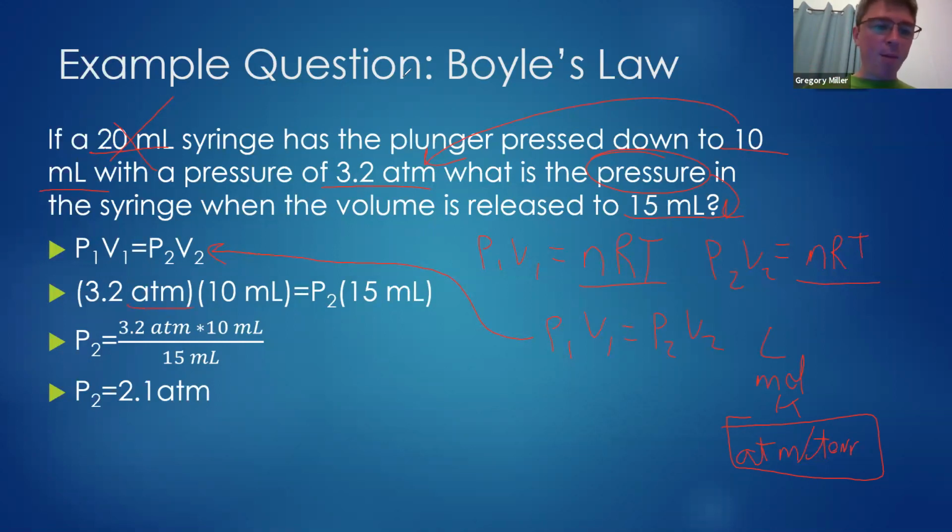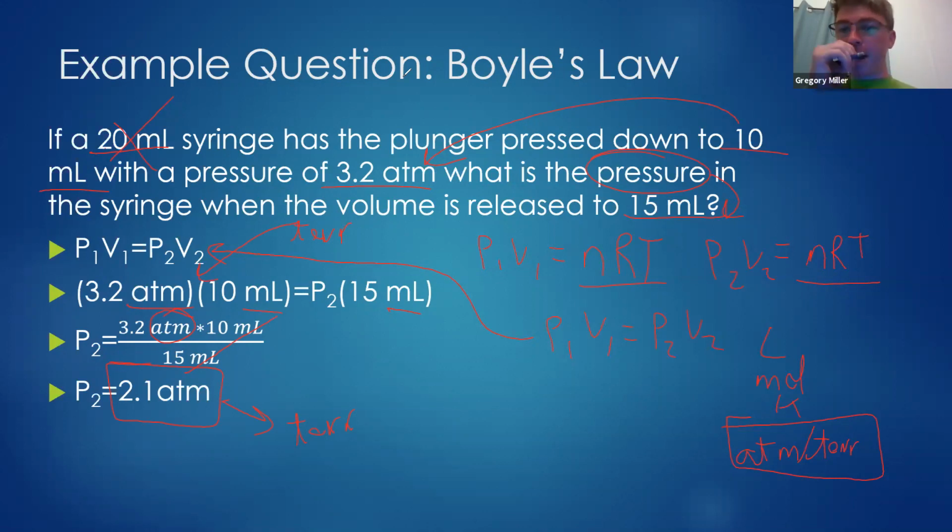So we plug in atmosphere and milliliters. Our milliliters cancel. We're left with atmospheres. Our answer comes out in atmospheres directly. Had this question asked for the pressure in torr, we would need to convert this, or we could convert our original one to torr, and our answer would have come out in torr.